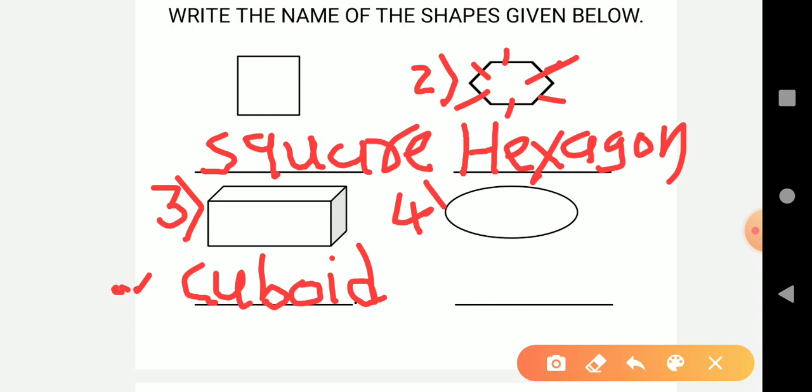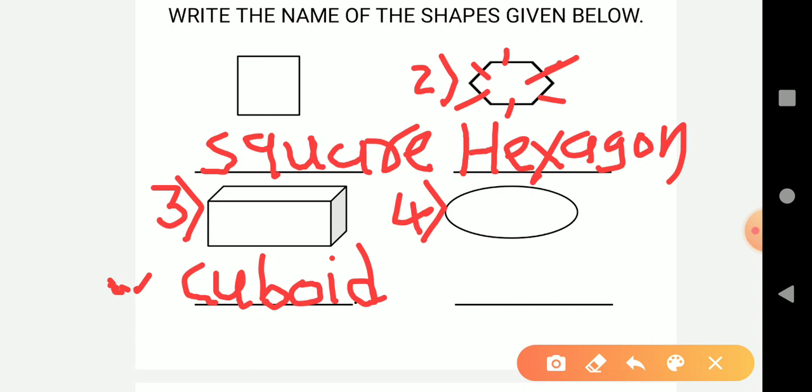Now my last shape is, this looks like an egg. So we already learned about it. The example of egg. In which shape do we include the example of an egg? Yes, oval.